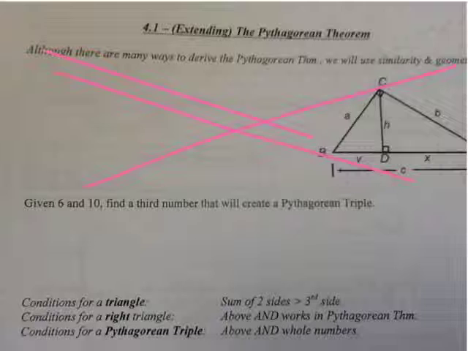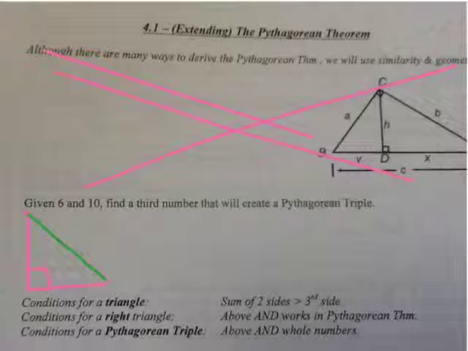So we were only given 2 parts of our right triangle. We were given 6 and 10. Well, remember in a right triangle, the hypotenuse, this diagonal side that's in green here, has to be the longest side.